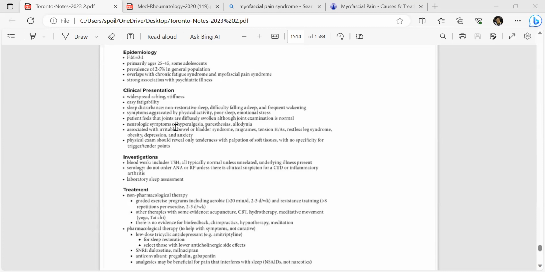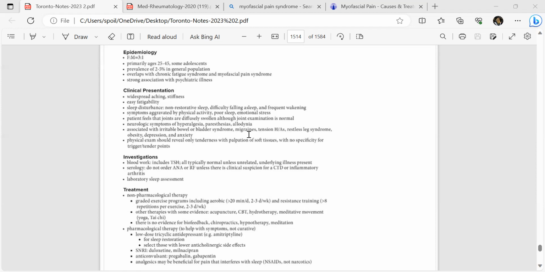The neurological symptoms are hypoalgesia, paresthesia, and allodynia. Let me just search these terms, what exactly they mean.